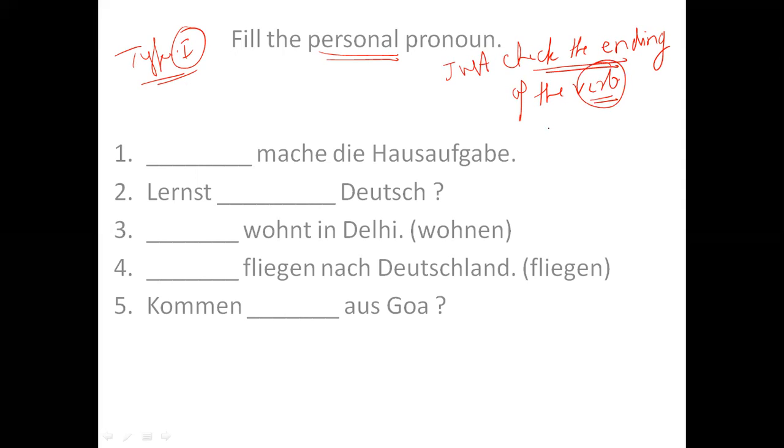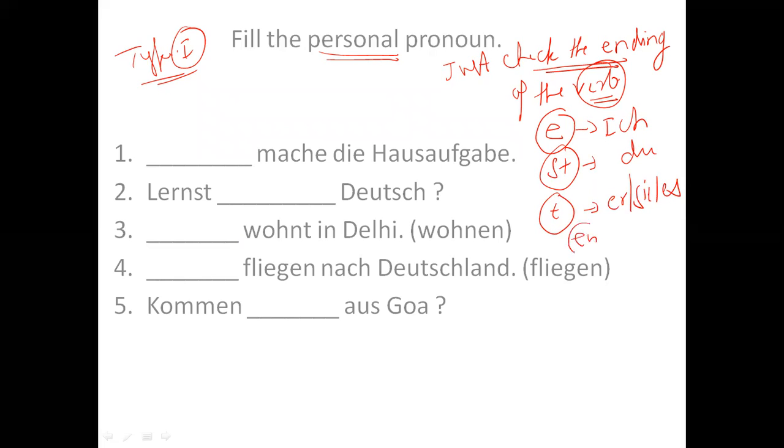Your answer is ready. If the ending is e, the answer should be ich. If the ending is st, the answer should be du. If the ending is t, the answer should be er, sie, or es. If en, then wir. If the ending is t, then ihr. If the ending is en, then the answer should be sie or Sie.